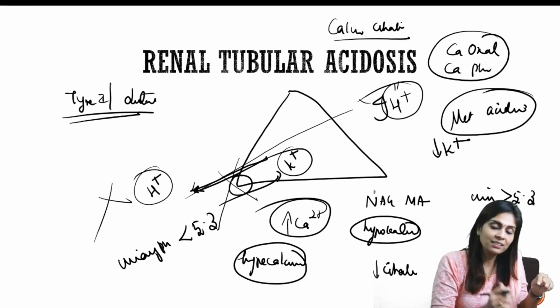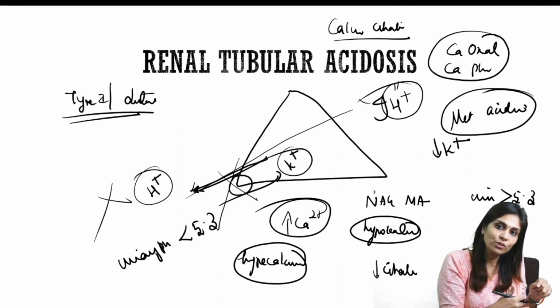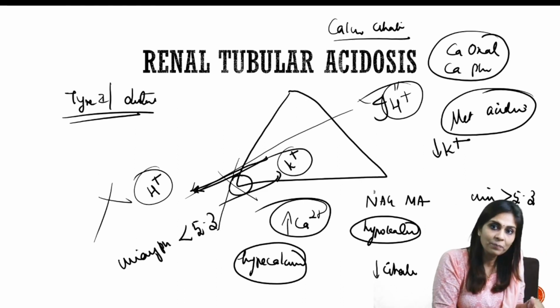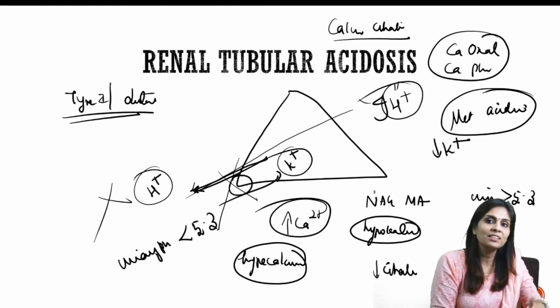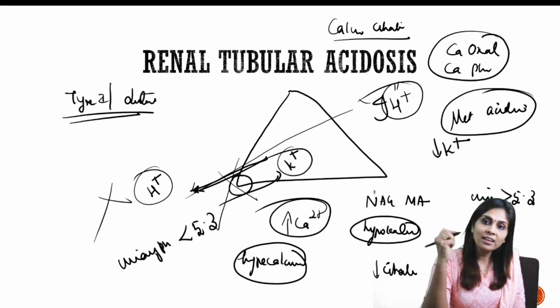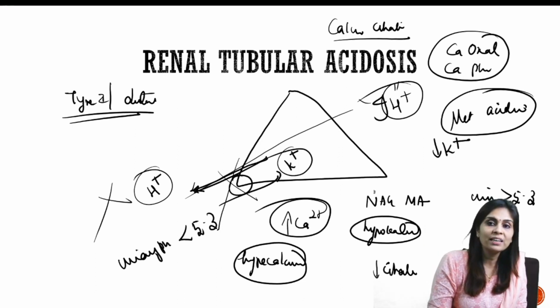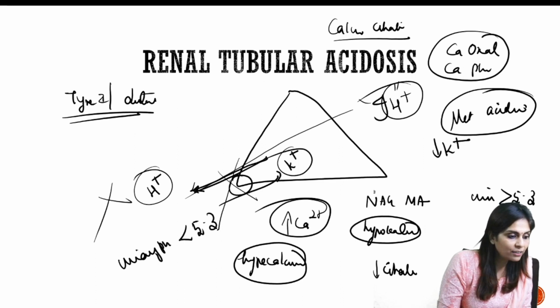But in this case, citrate is not getting secreted into the urine. So there is hypocitraturia. And that is why, instead of calcium citrate formation, calcium oxalate and calcium phosphate get deposited as renal stones. Another reason for hypocitraturia in this condition is that there is a defect of the transporter only on the apical side.